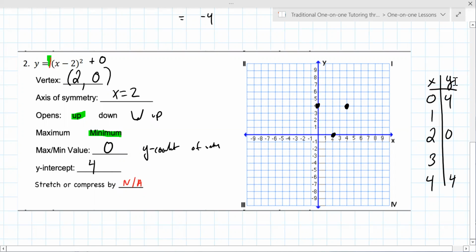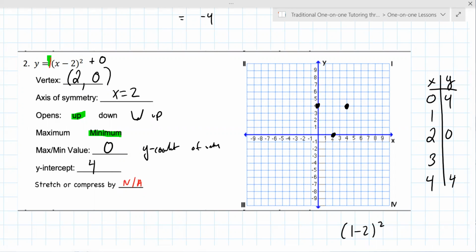Put 1 in for x: 1 minus 2 squared. What did you come up with?